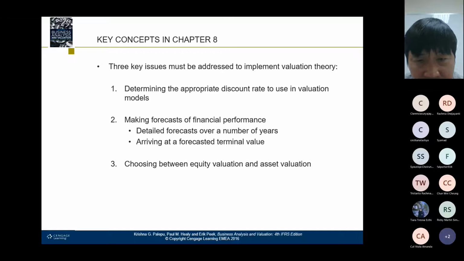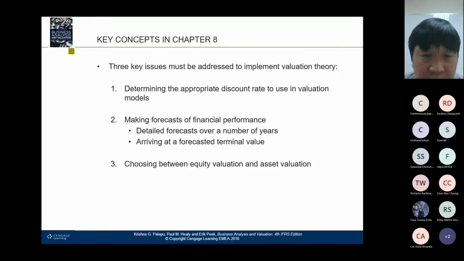Last factor is the terminal value. Terminal value, we know not all investors hold the contingent claim forever, right? So one day you are willing to sell it to another investor.